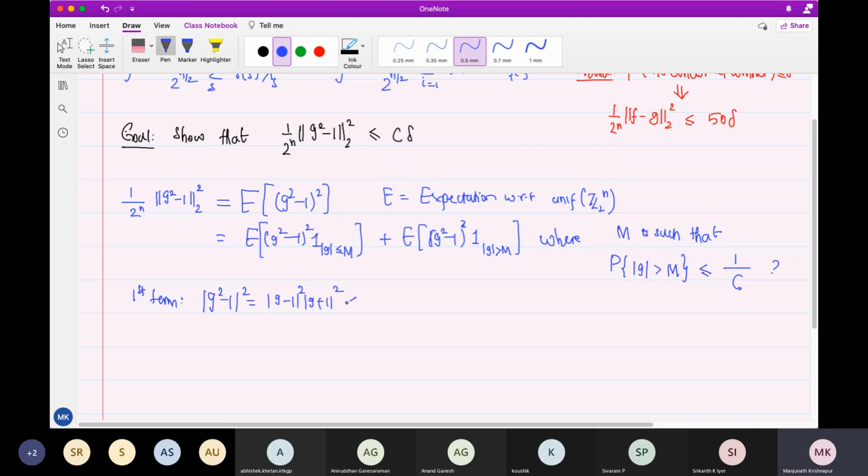Now, since G is bounded by M, this G plus 1 can be bounded by M plus 1, and G minus 1 can be bounded by G minus F. So what we are using is mod G plus 1 is less than or equal to M plus 1, and G minus 1 is smaller than G minus F, because F is plus or minus 1, right?